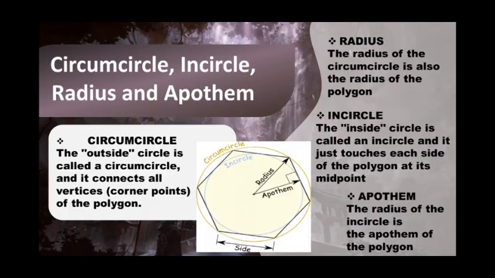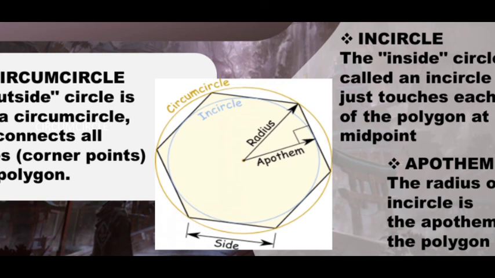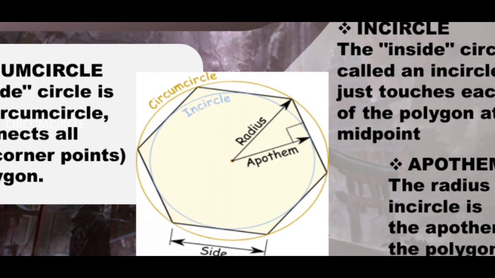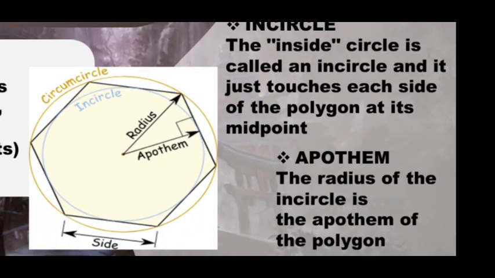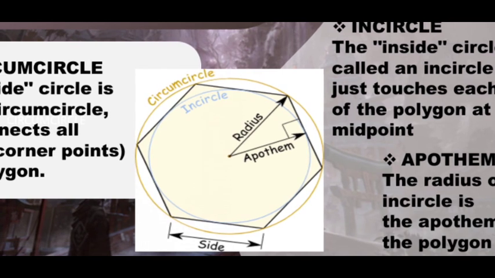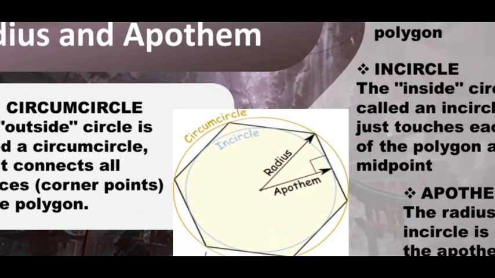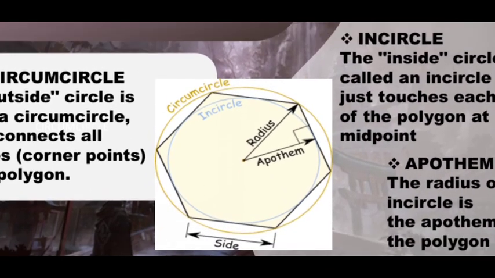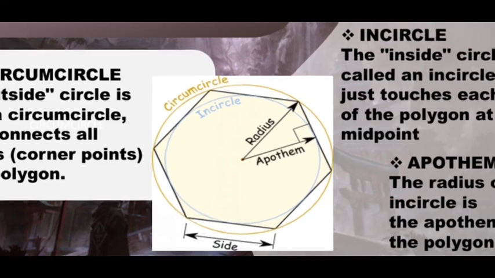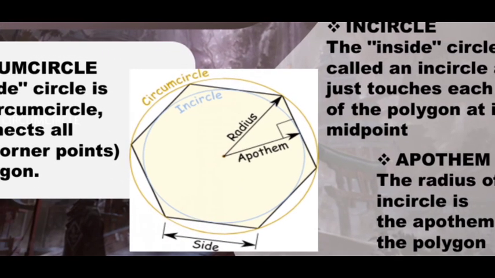Tapos alam naman natin yung radius is same lang sa nalaman nating radius from center to each corner point sa lahat ng points. Ang apothem is the radius of the incircle of the polygon.